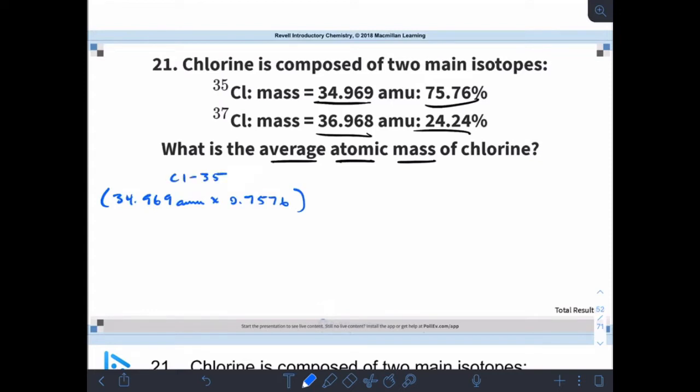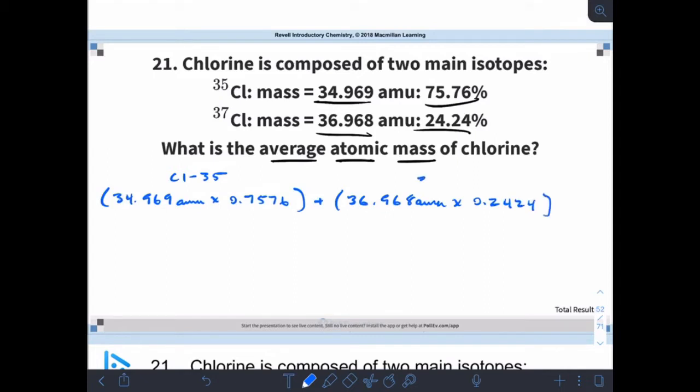That's our first isotope. Plus the information for the second isotope, 36.968 AMU, times its abundance in decimal form, 0.2424. This is all for chlorine 37. That's our other isotope.